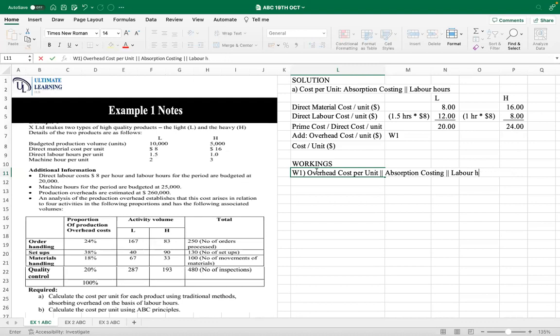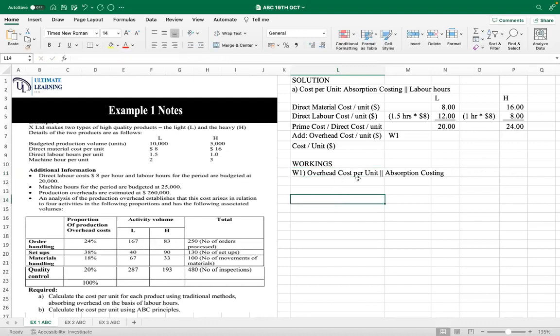Okay, I can explain it down here. So we want to calculate the overhead cost per unit under absorption costing.